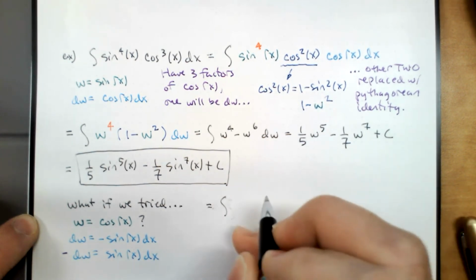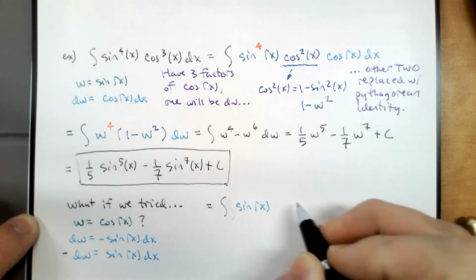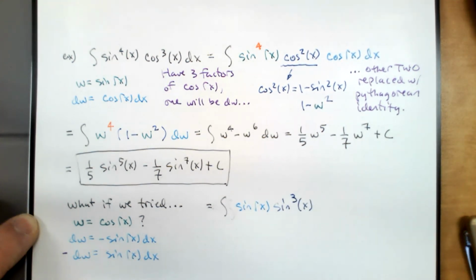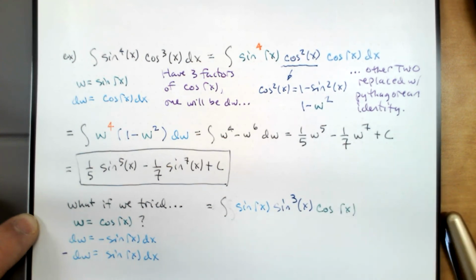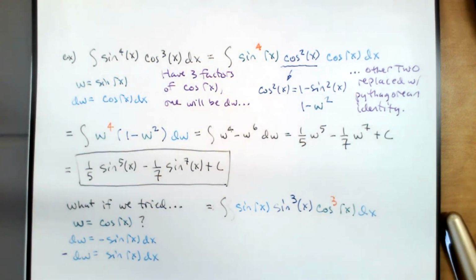If one factor of sine is going to be my minus dw, I have 3 factors left over. To make the substitution w equal cosine x, I need one factor of sine to be the dw. So sine x is going to team up with the dx over here on the end. That will form a minus dw. So what's left over is an odd power of sines.